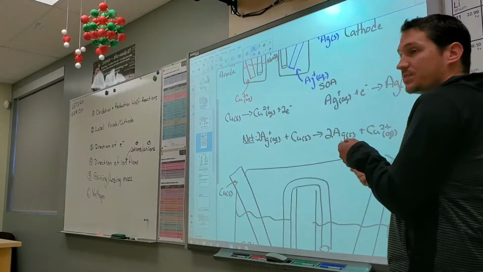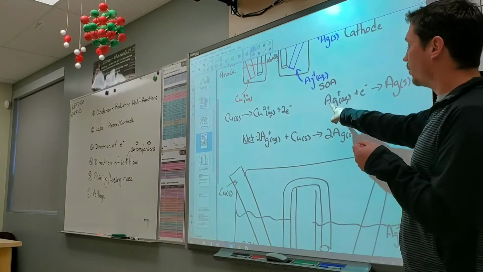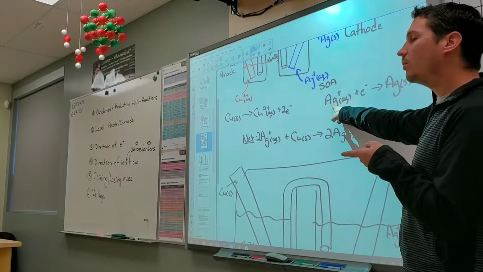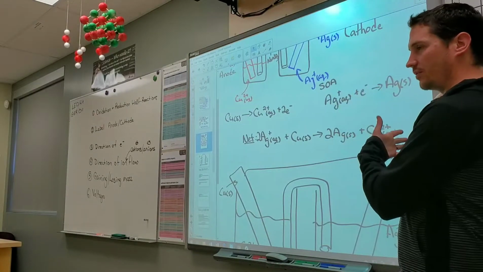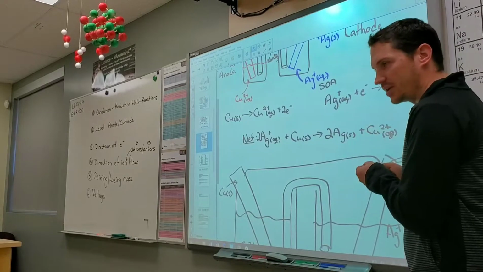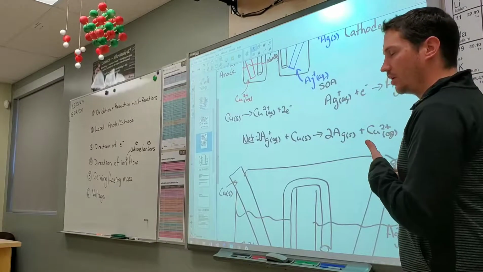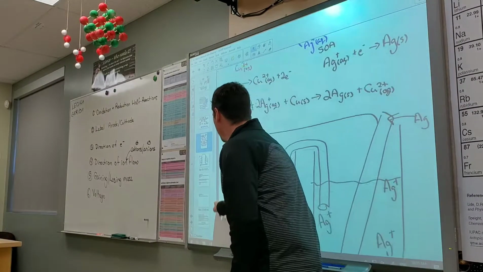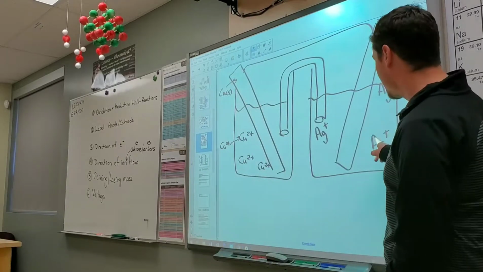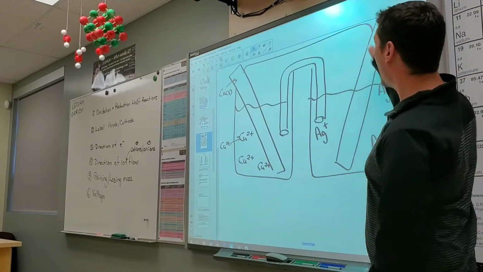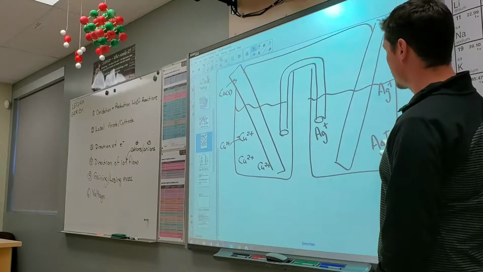When this cell is producing electricity, are we going to be making more positive ions on the silver side, or are we going to be using up positive ions? Using up. We're going to be using them up. So on this side, the silver ions combine with electrons, right?